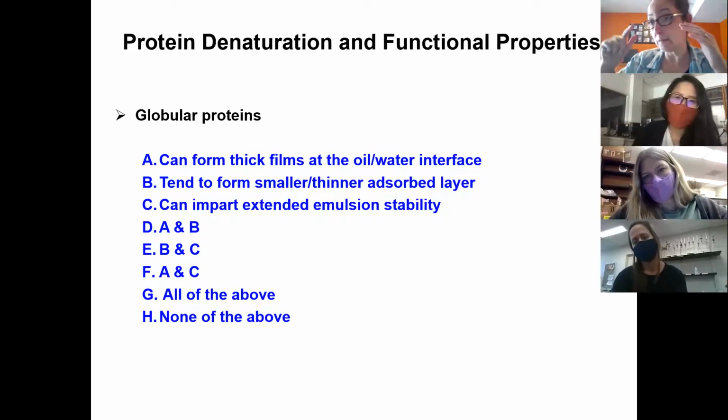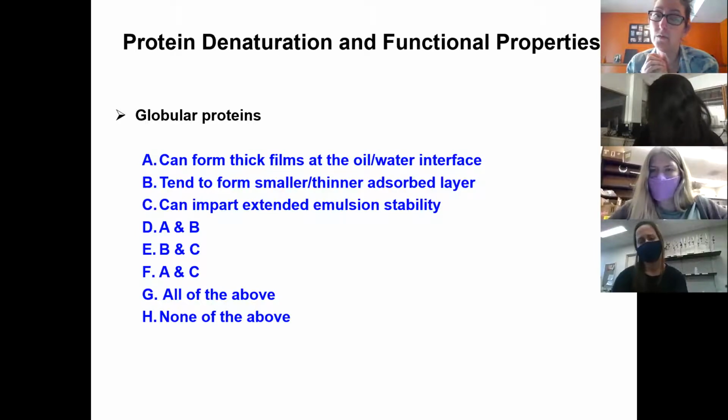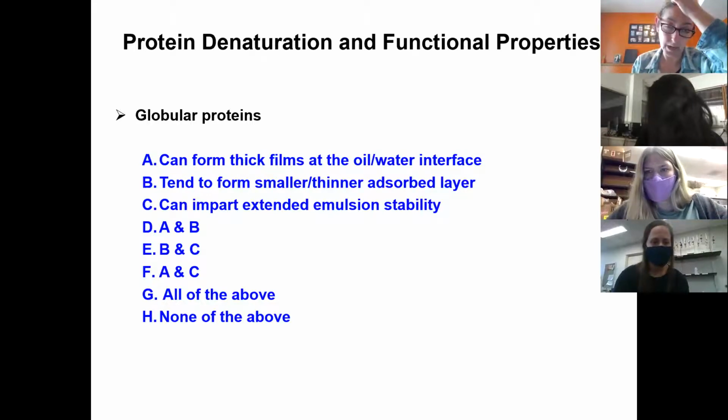So more proteins can make it to the surface and form that film, and the film becomes thicker around the oil droplet. So basically globular proteins can form thicker films and can impart extended emulsion stability. So A and C in this case.